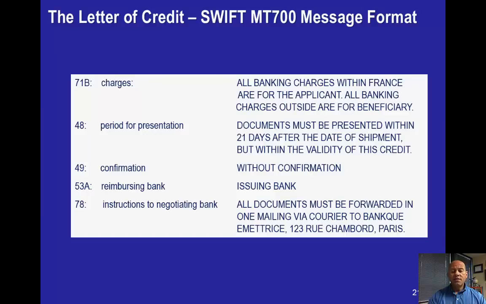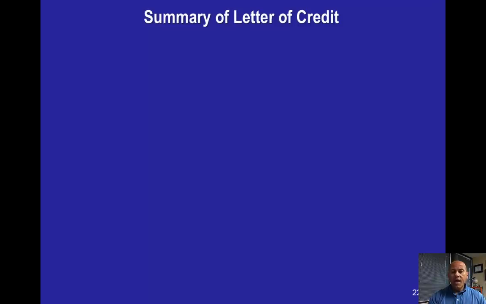Now, again, there's an additional cost to doing this, but part of the advantage of doing a confirmation is working with a bank that you might be more comfortable working with, or cutting down on the lag of sending documents to an overseas bank. And those are basically the structures under an MT700.